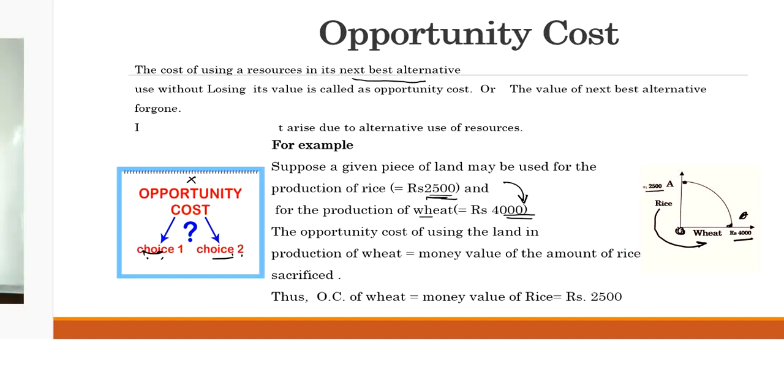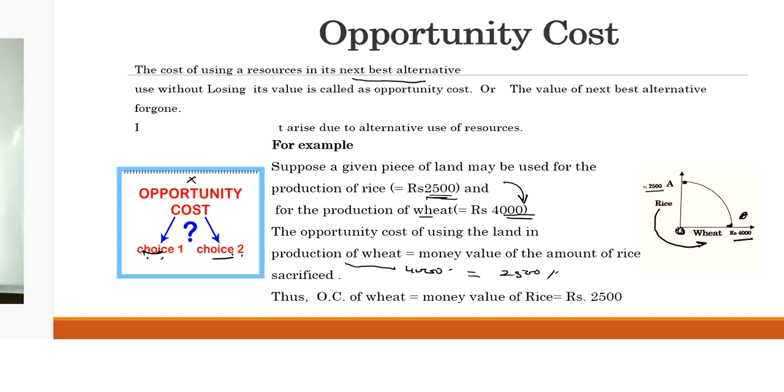So what is your gain? 4,000 is your gain. Production of wheat is your gain, but to get it, you have to give up the production of rice. So what is the value of wheat here? 4,000. And the money value of rice, 2,500, sorry.